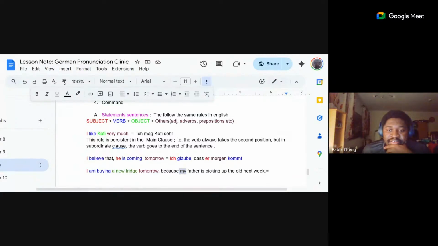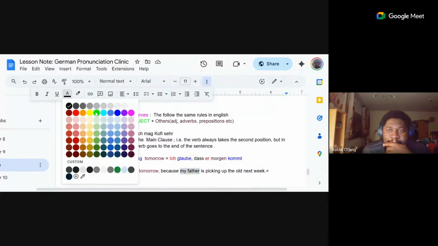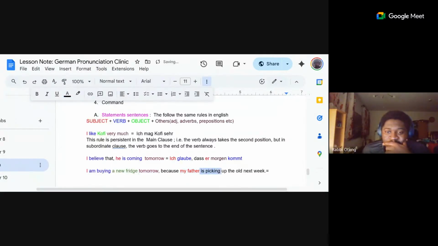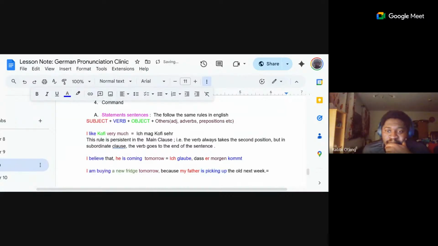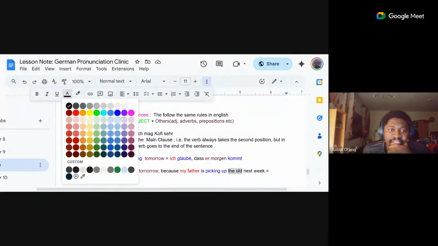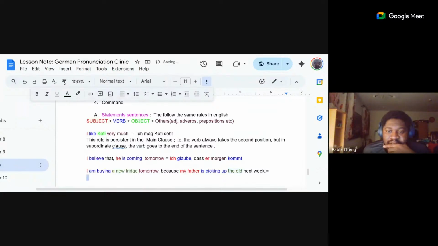My father here is the subject. Picking up is the verb here. The old one is the direct object, referring back to the fridge. Then next week is the adverbial of time, which is others.